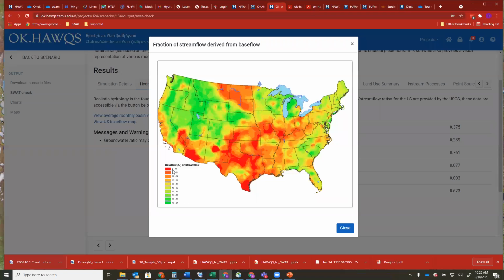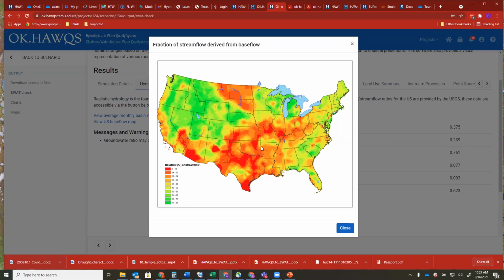The red or darker colors are less base flow contribution, lighter colors are more base flow contribution. Somewhere right here, between the Oklahoma and Arkansas border, is this particular watershed, which is this gray shade here, which is 22 to 29%. And we are finding 24% here actually. So we are somewhat in the same ballpark as what's estimated from the literature.